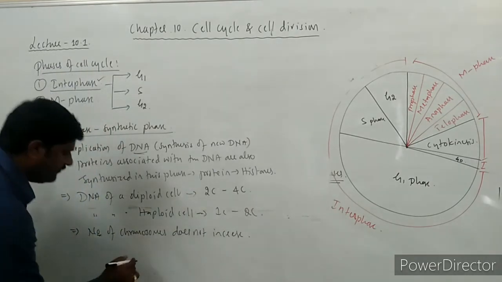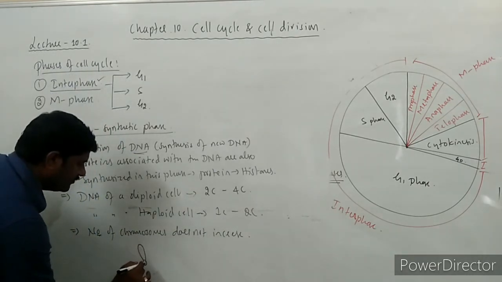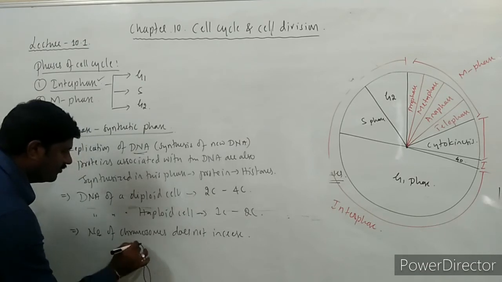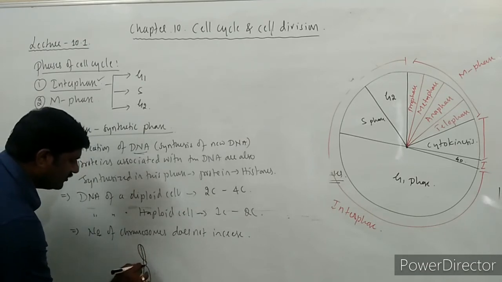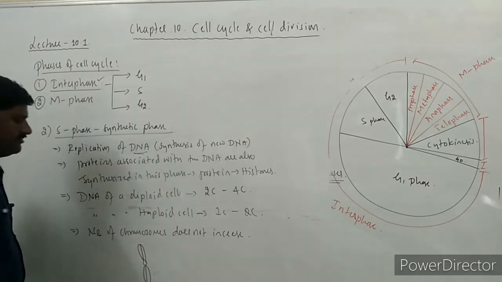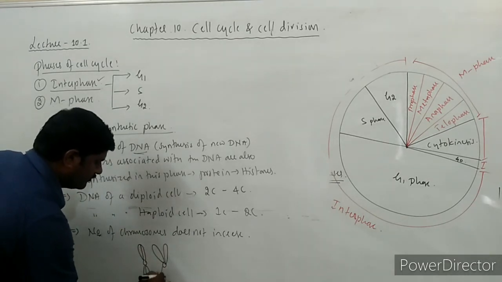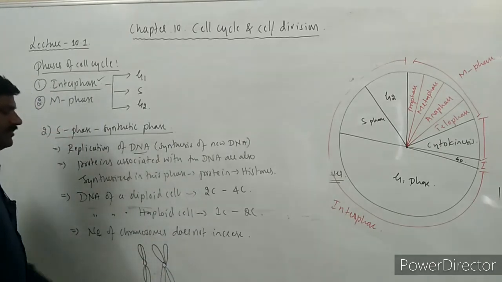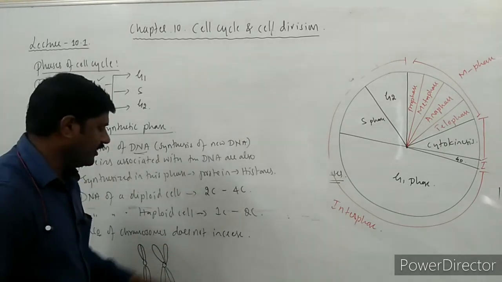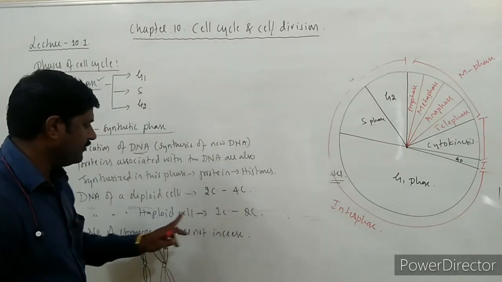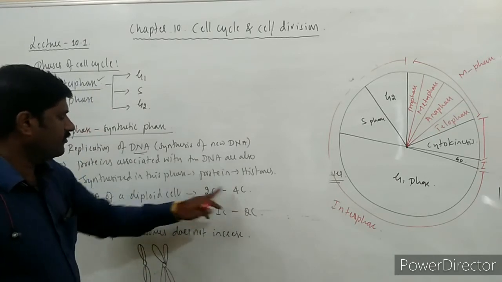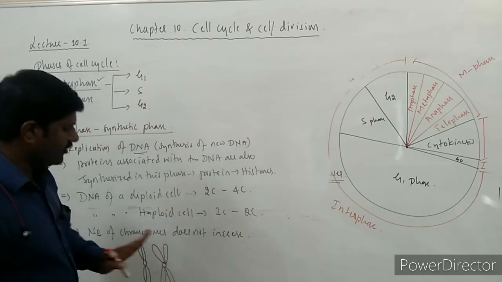See here, if this is one chromosome, this chromosome divides into two equal halves so as to form this kind of chromosome. Now the genetical material is increased from 1C to 2C in case of haploid cell, 2C to 4C in case of diploid cell, of course.